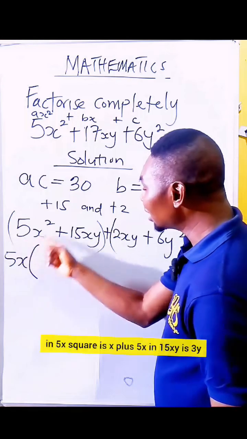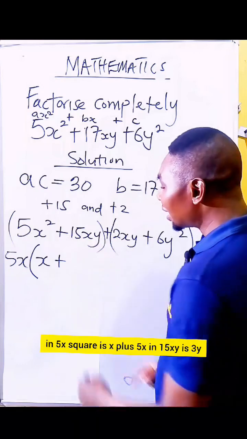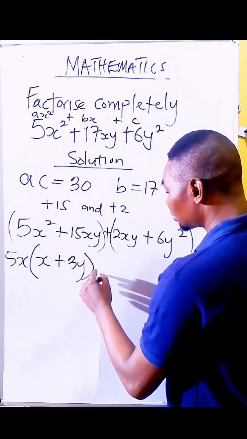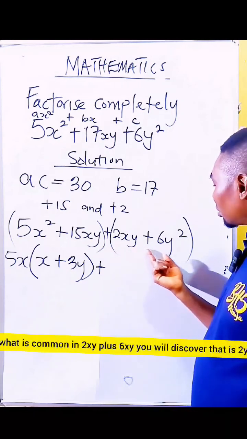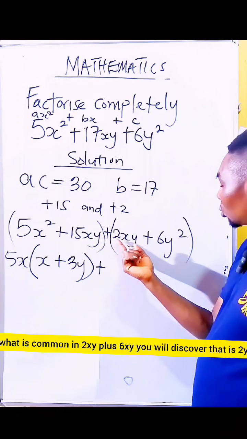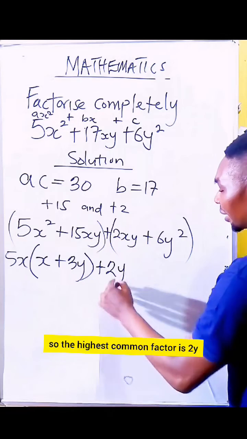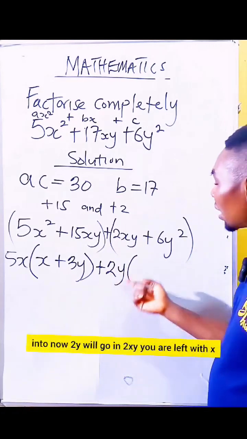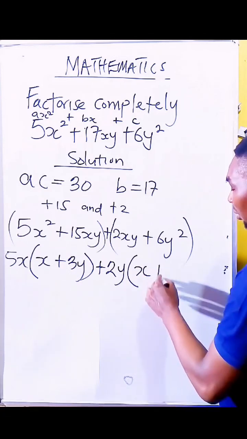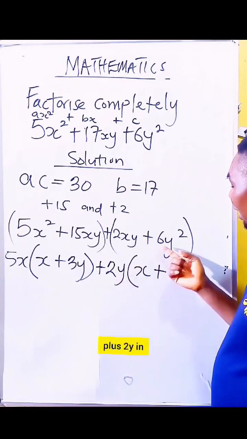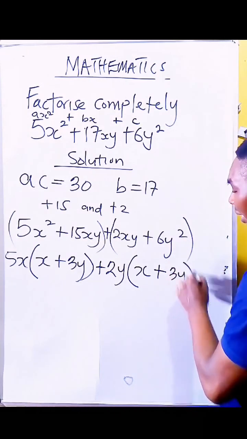Then 5x in 5x squared is x, plus 5x in 15xy is 3y, plus what is common in 2xy plus 6y squared, you will discover that is 2y. So the highest common factor is 2y, into which 2y will go in 2xy, you are left with x, plus 2y in 6y squared is 3y.